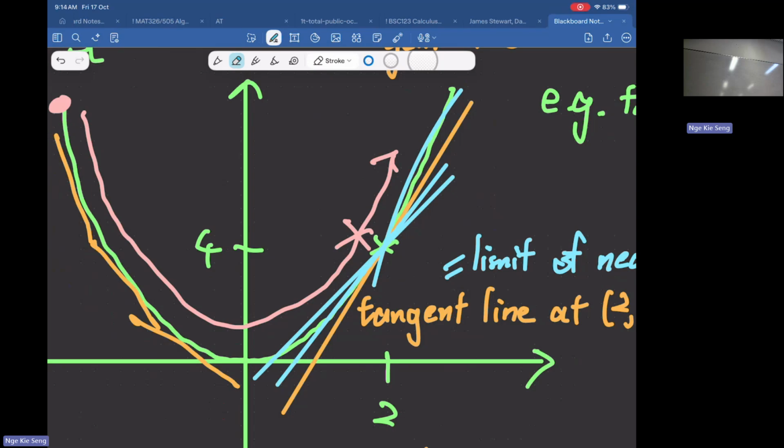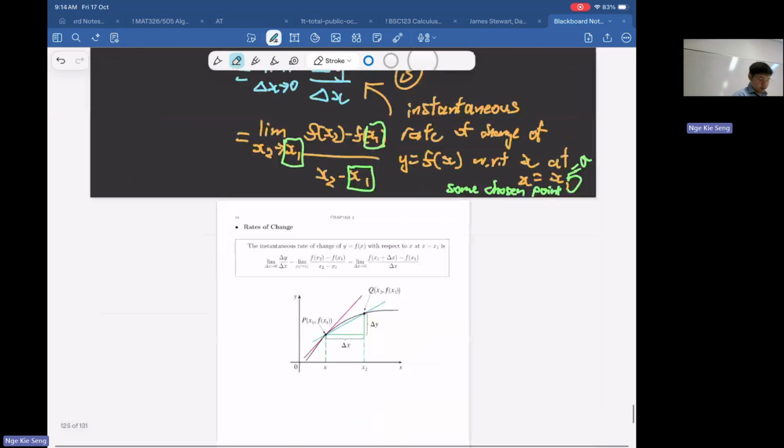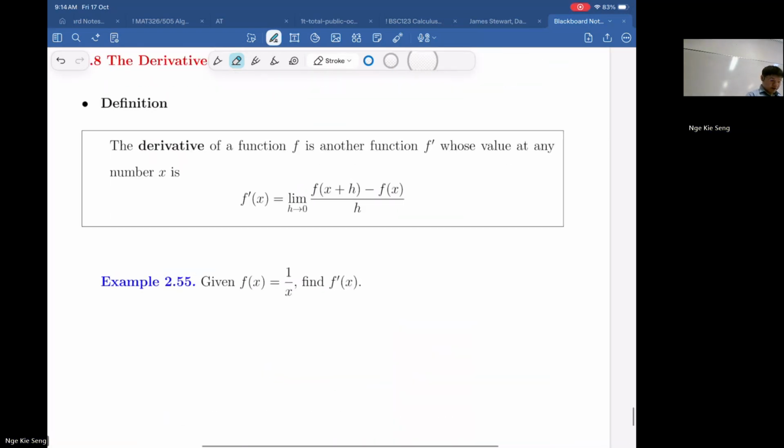Meaning, I have a point, I output a derivative. What is this? This is another function. So the derivative actually is a function. So let's go down here. If I make the A general, then it becomes a function.